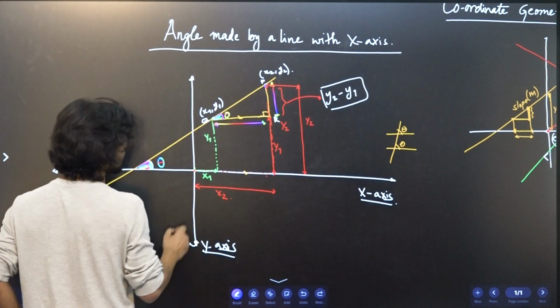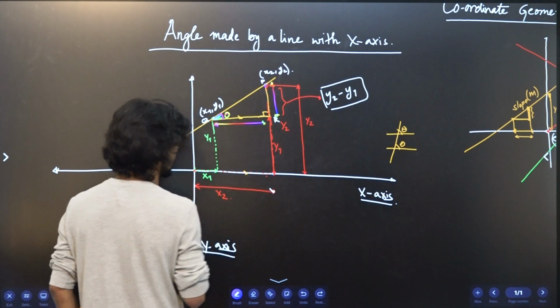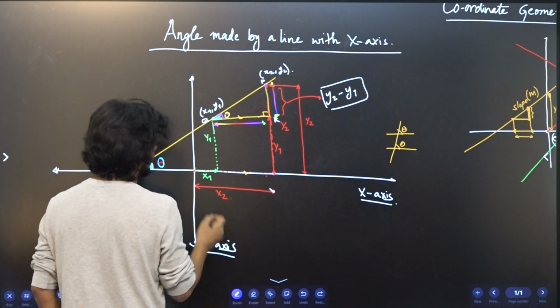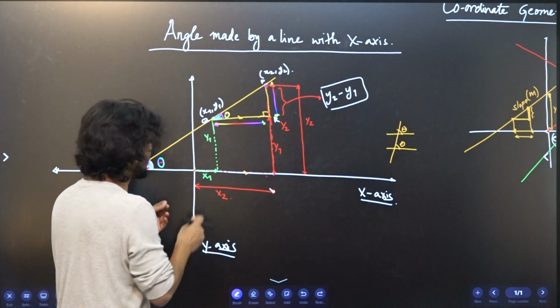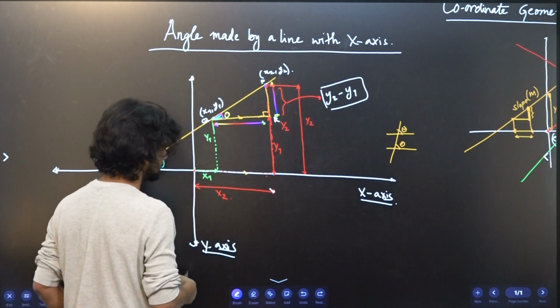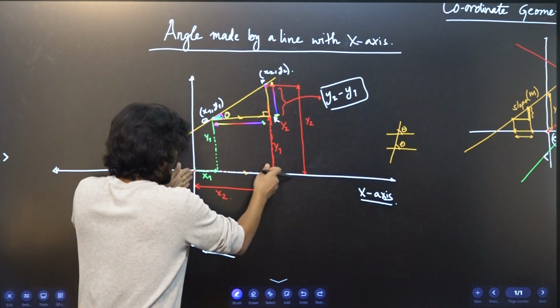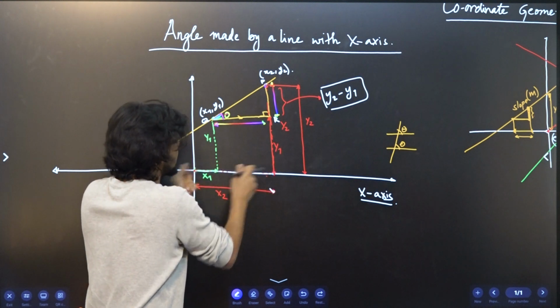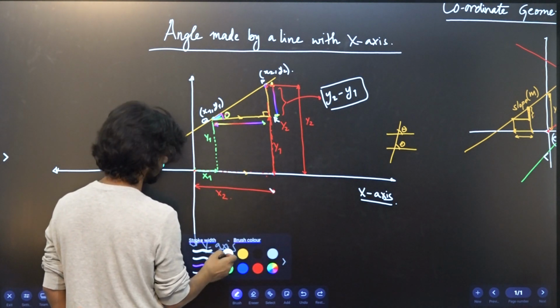From here to here is x2, and from here to here is x1. If I subtract x1 from the whole x2, I get this part. So this one is x2 minus x1.